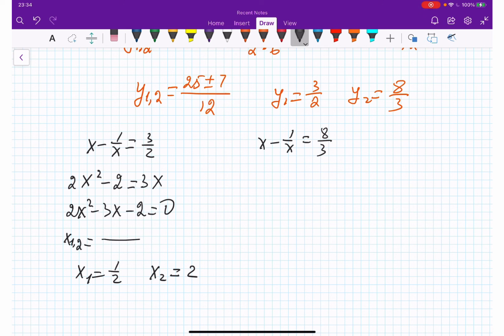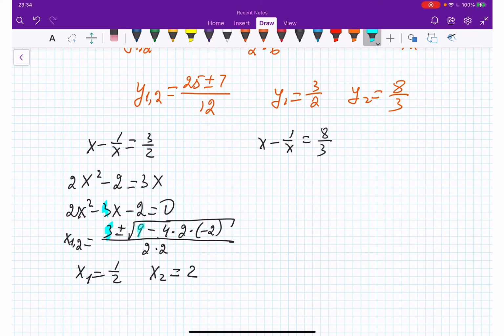x12 is equal positive 3 plus minus 3 squared is 9 minus 4 times a and times c is negative 2 again, right? Over 2 times 2. So let me see, since I didn't color, let me color this way. This is negative 3, it's going to be positive 3.